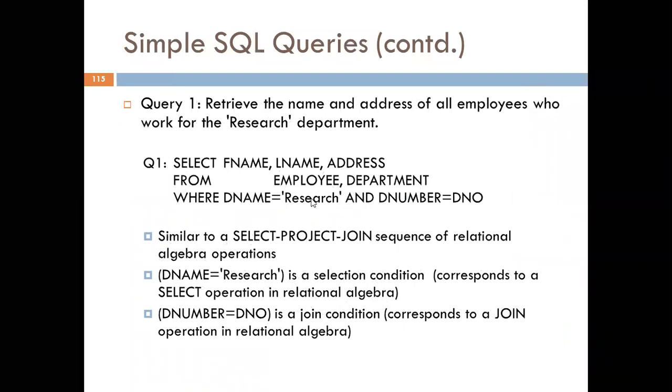So next, let us look at one more. The query is: retrieve the name and address of all employees who work for the research department. Now let us find out what information is required for us and where it is present.